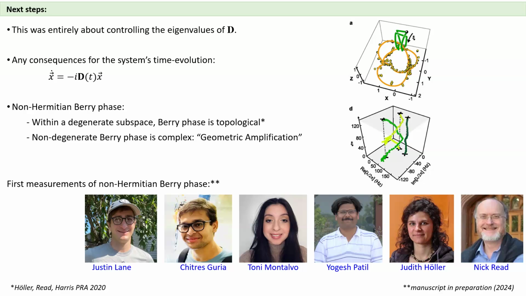And we're still learning more about this, but in collaboration with Nick and Judith, we had some interesting predictions about what happens when you move around, like literally within the knot. There's some interesting things that happen. And when you completely avoid the knot, it turns out that the berry phase becomes a complex number, which opens the possibility of getting gain out of the berry phase. So that's something that we're working on now, and these are the folks who are leading experiments in these areas.